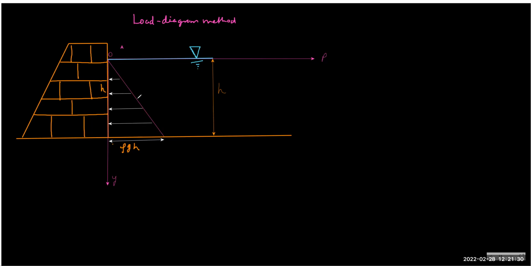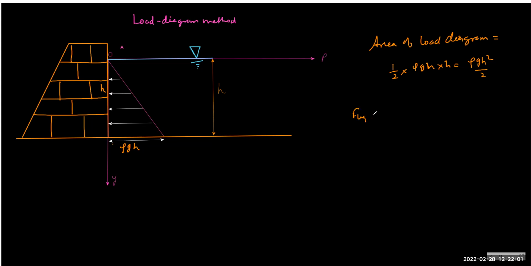Is this clear? So what is the area of the load diagram? Half into base into height, which is rho gh square by 2. So the area of the load diagram gives the force per unit width.